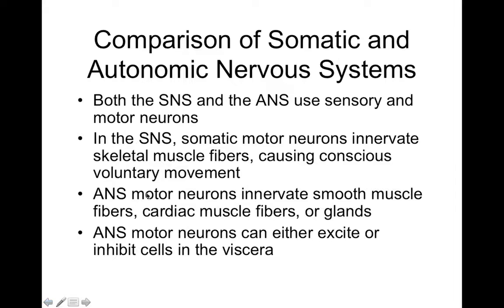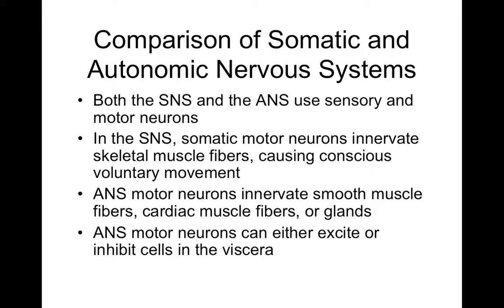So the autonomic nervous system then innervates cardiac muscle, smooth muscle, and glands through automatic or unconscious control. And what's interesting too, guys, is that with the somatic nervous system, somatic motor neurons can only excite skeletal muscle. You can't inhibit skeletal muscle. The only thing that you can do is use it as a motor neuron to excite skeletal muscle to contract.